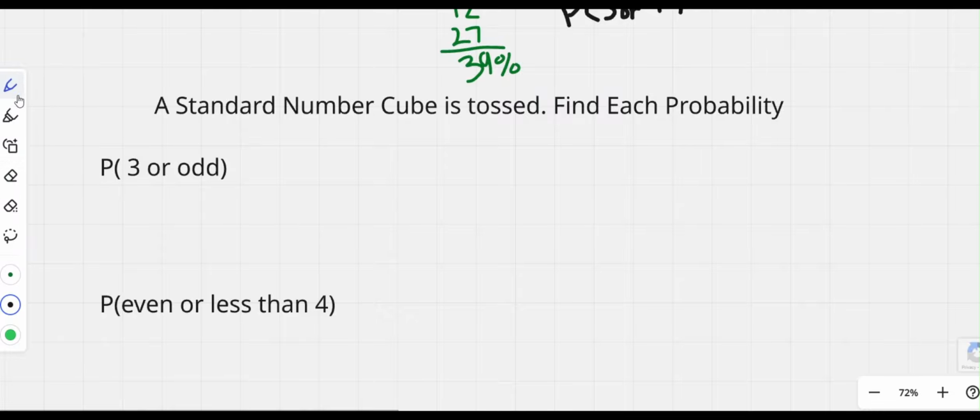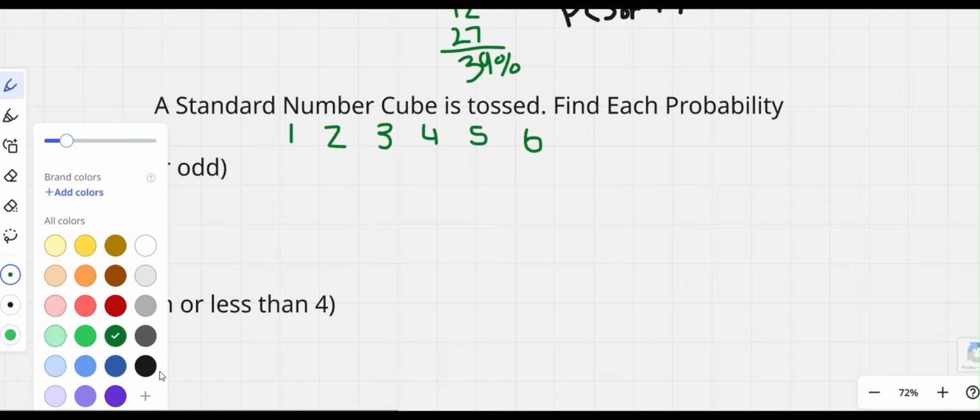So let's look at this. We're going to name each set. For a standard number cube, we know that the possible outcomes are 1, 2, 3, 4, 5, and 6. These are all of the possible outcomes when you roll a number cube or you roll a die.